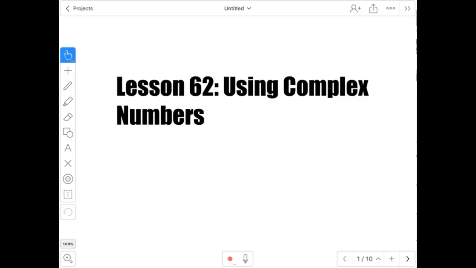All right. We get the privilege of learning about complex numbers. Complex numbers can be fairly complex, but mainly in the category of why do we need to learn this? Where does anybody use complex numbers? It's a pretty abstract concept.